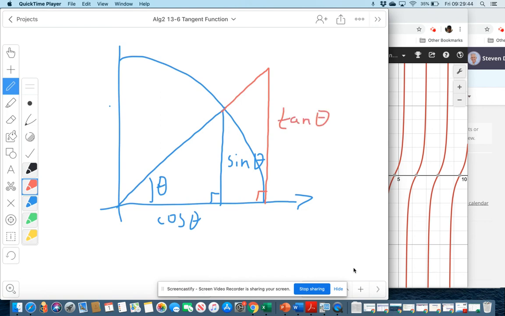How can I prove that to you? First off, I said tangent is equal to sine over cosine, or slope, we thought of that. So opposite over adjacent, okay, tangent for the TOA, part of SOHCAHTOA.